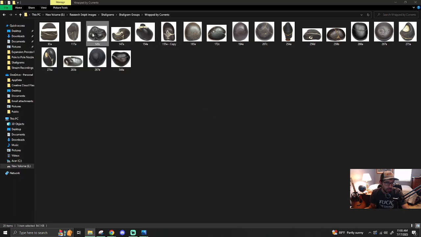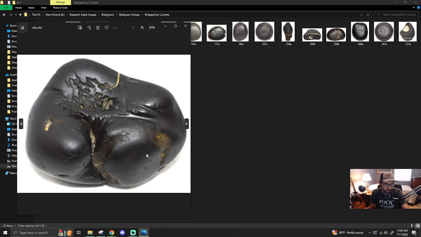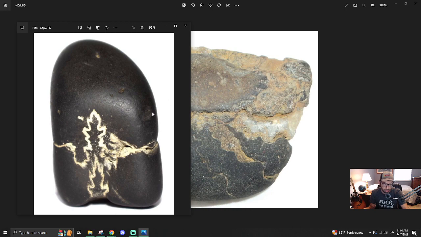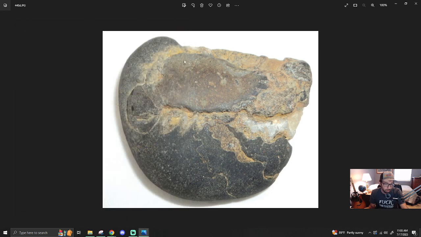As well as here, it's wrapping around, but also creating dendrites for no apparent reason, because it's not an ammonite. This is not an ammonite. This is wrapping around the stone, so there's no reason.